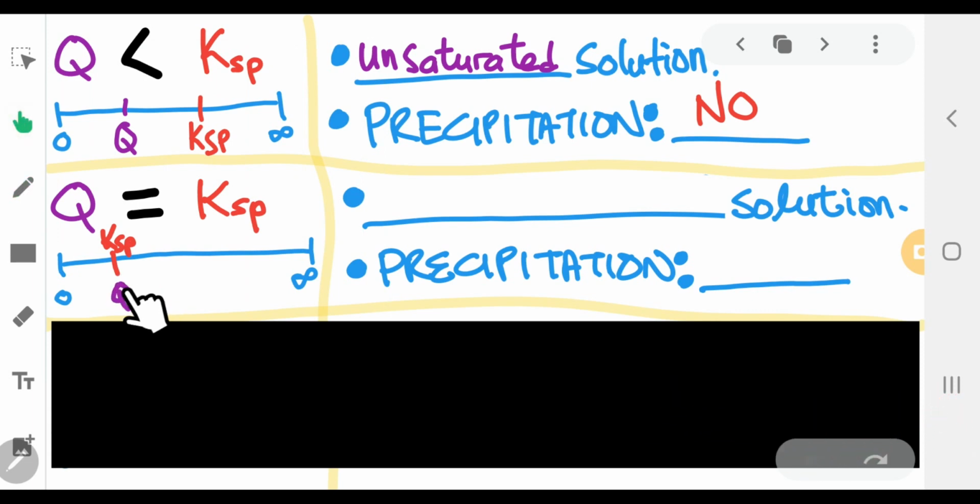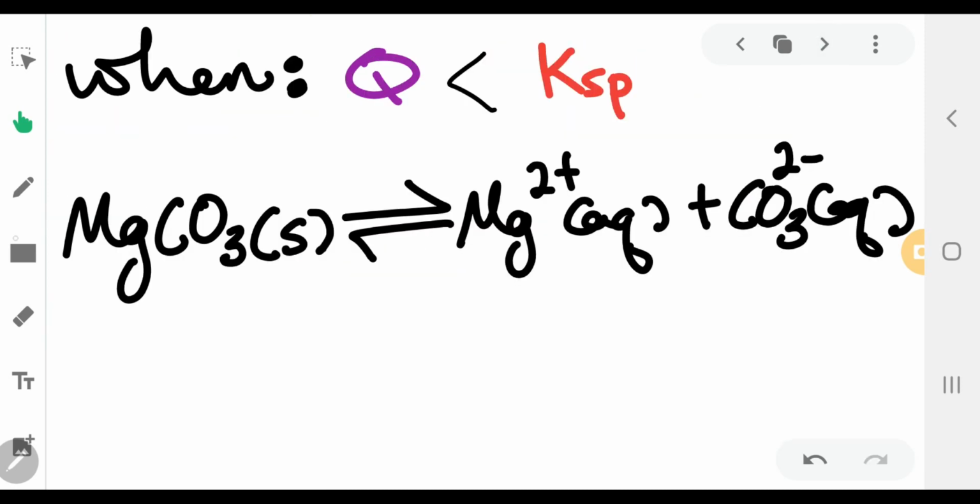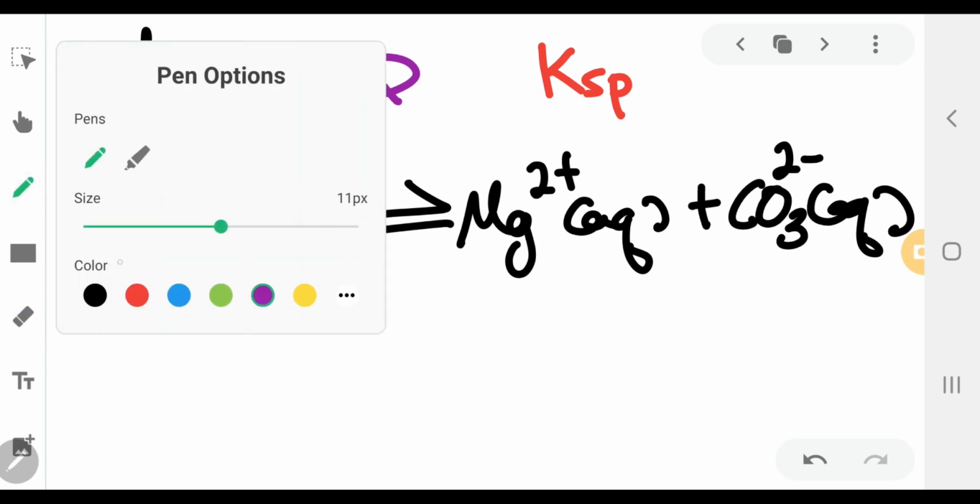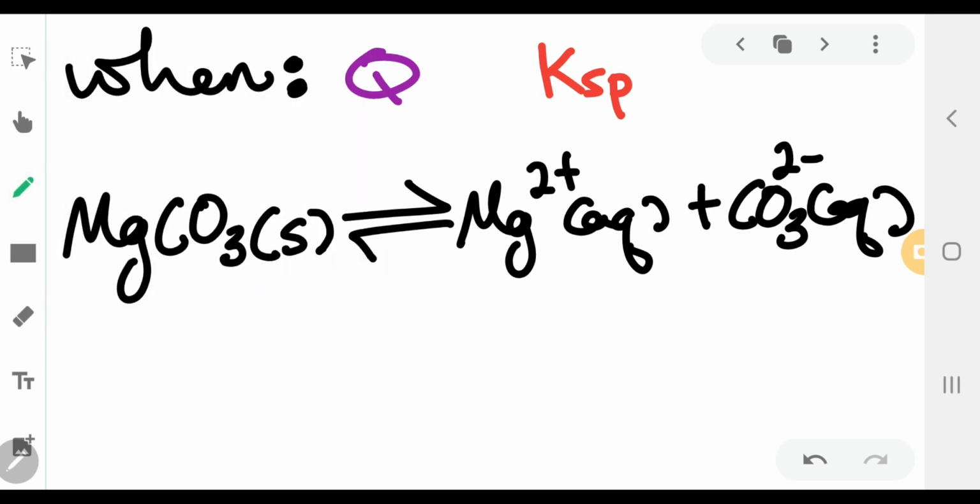Now, when you look at the situation on the scale, you can say that the reaction is not going to move to either the right or left side. When we have Q equals Ksp, you do not have movement towards the right nor to the left.